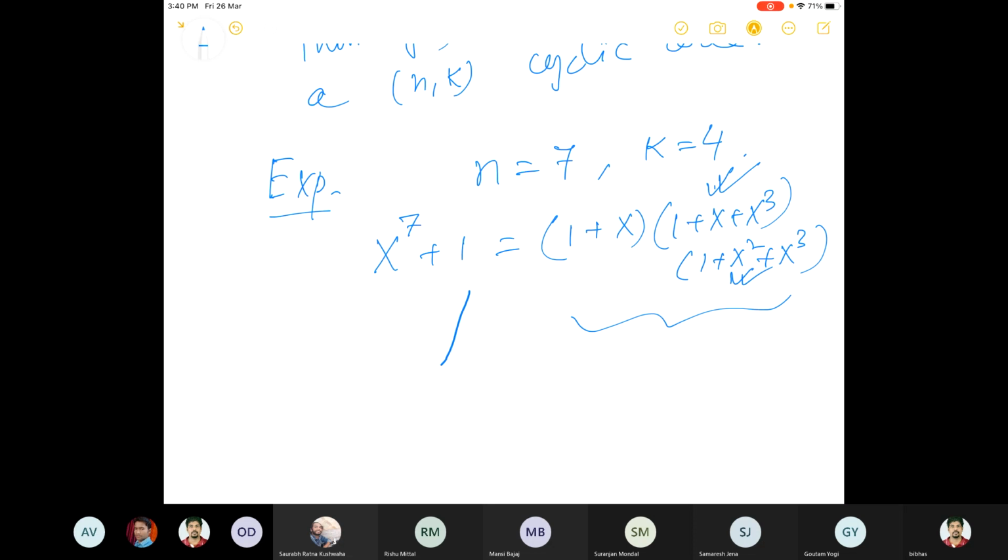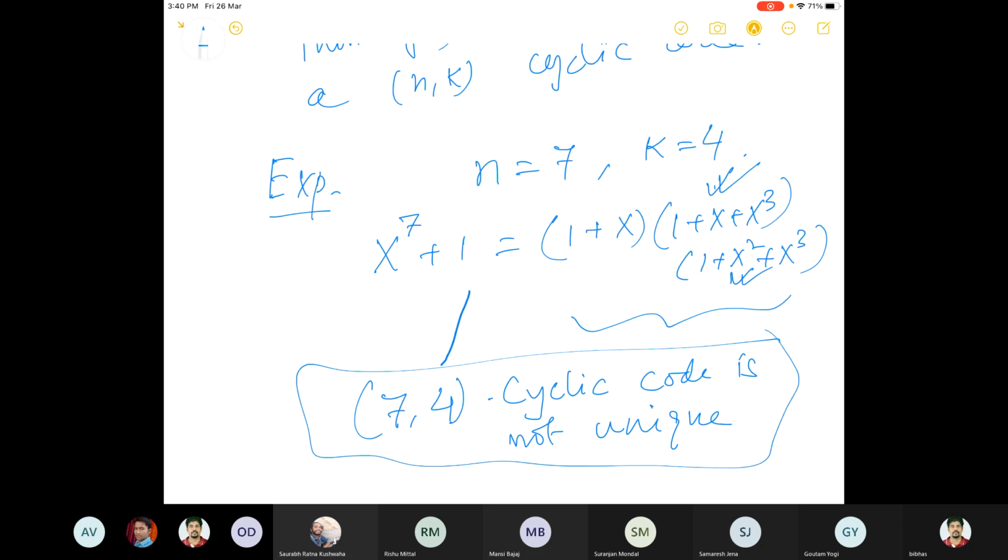The observation here is that a cyclic code is not unique. For this example, the (7,4) cyclic code is not unique. If I want to construct a (7,4) or any (n, k) cyclic code, it need not be unique, because we have an example where it is not.